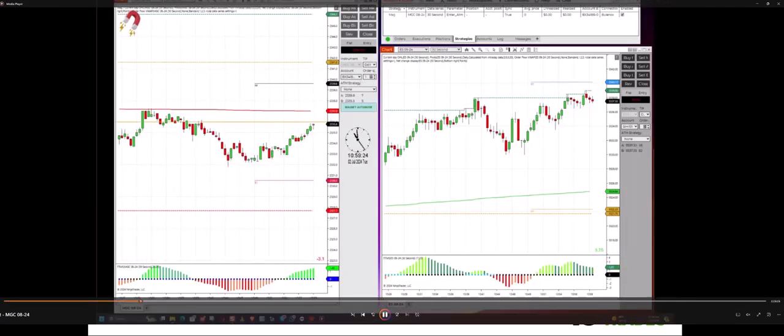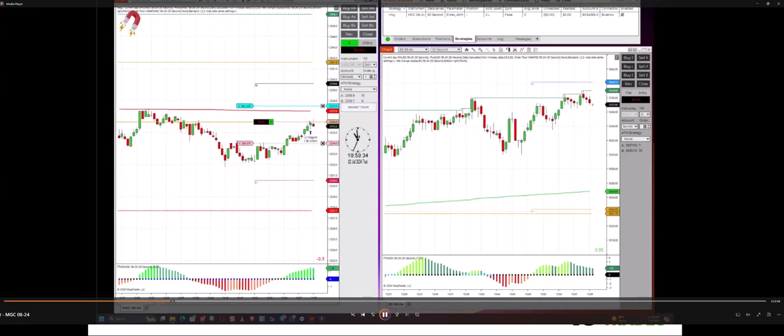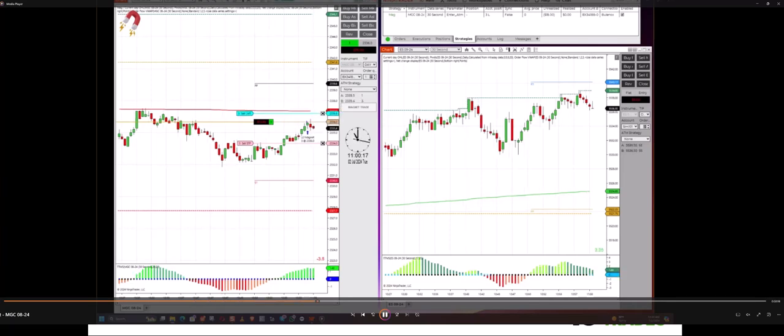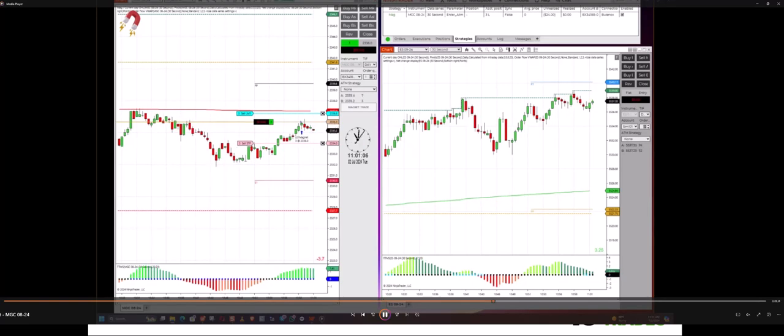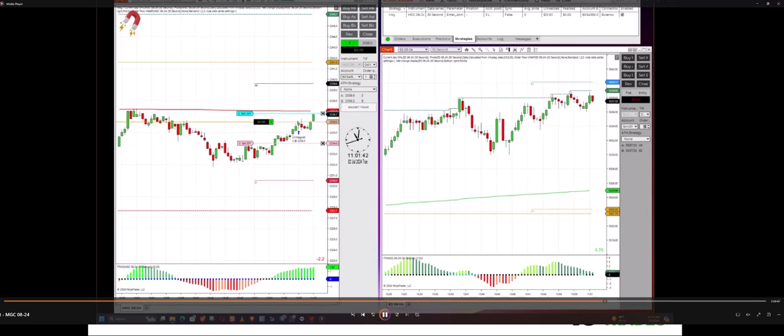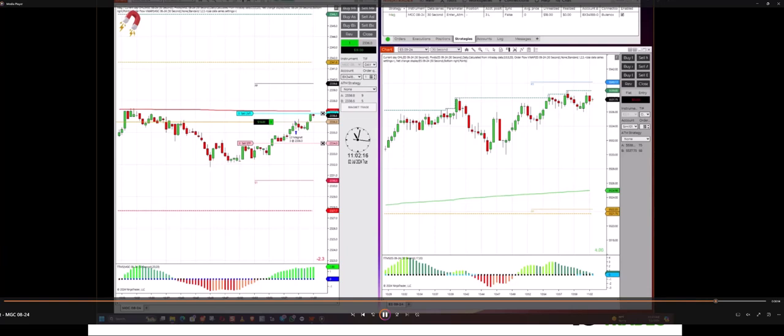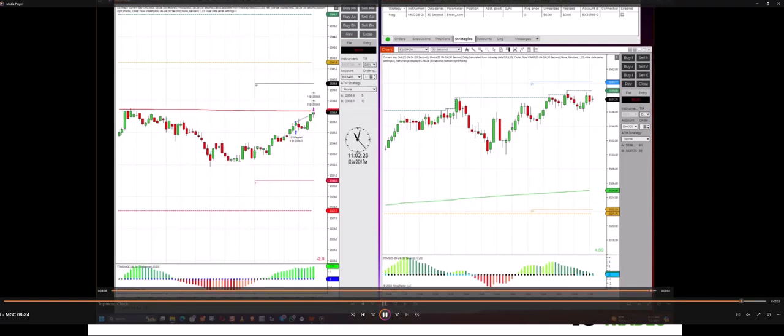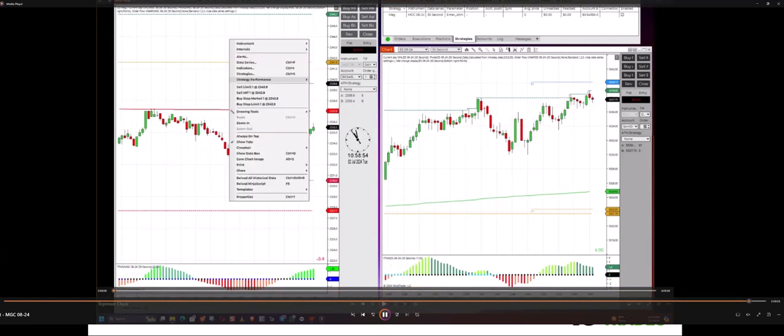Our software lets you set up, like I said, a level that you like to look at, and everyone likes to look at the VWAP because it's a very popular level on the chart. So our exit was just before we got to the VWAP. Our software lets us set up a custom magnet. Price got pulled. There it goes. Bingo. Hits the target. You're out for another profitable magnet trade using a custom level, the VWAP.